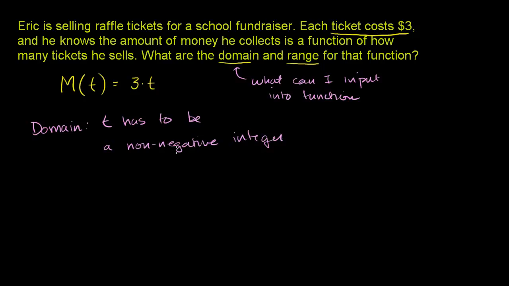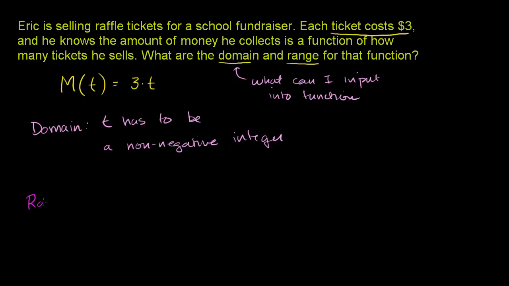I think that covers what I just talked about. Non-negative, instead of saying positive, because it could be 0. He might literally sell no tickets. He can't sell a -1 ticket or -2. So it's anything that's non-negative, and it has to be an integer. He can't sell half of a ticket. So that's our domain. And let's think about what our range is.